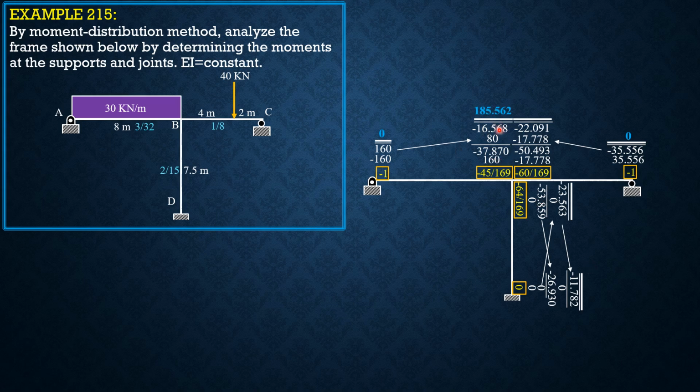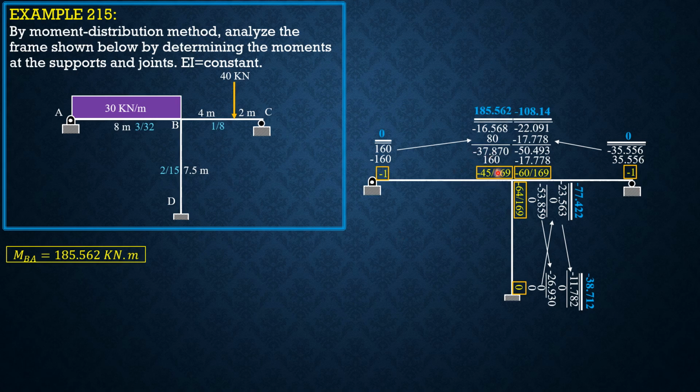So adding moments, we have 185.562 here in this column, negative 108.14, then the sum of these two moments, negative 77.422. So that's 0. So here it's negative 38.712. Therefore, moment A is 0.